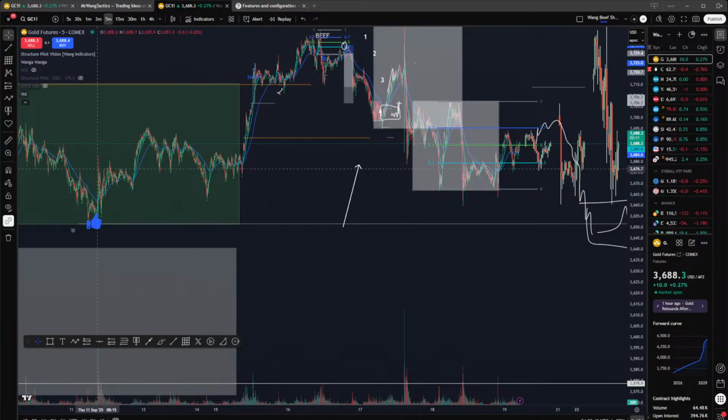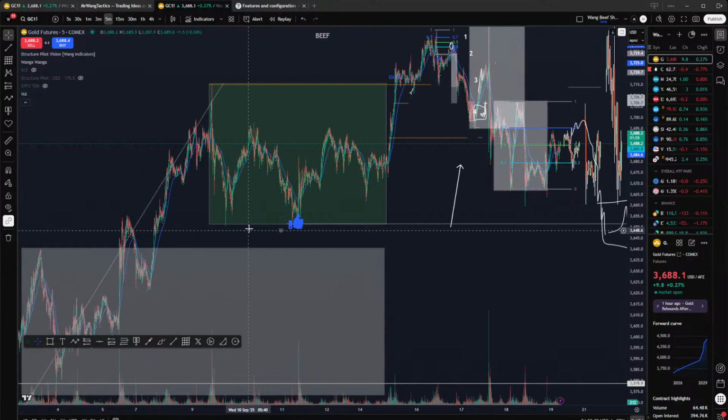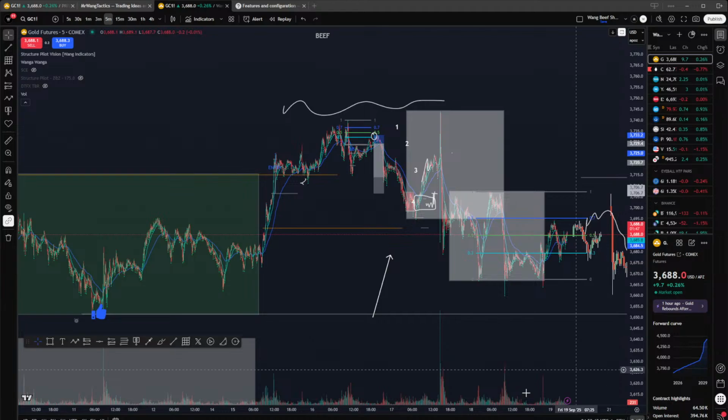We'll see. I just missed that. I was too sold on us getting to sweep that or something because of the support zone in here. But there's something going on there.